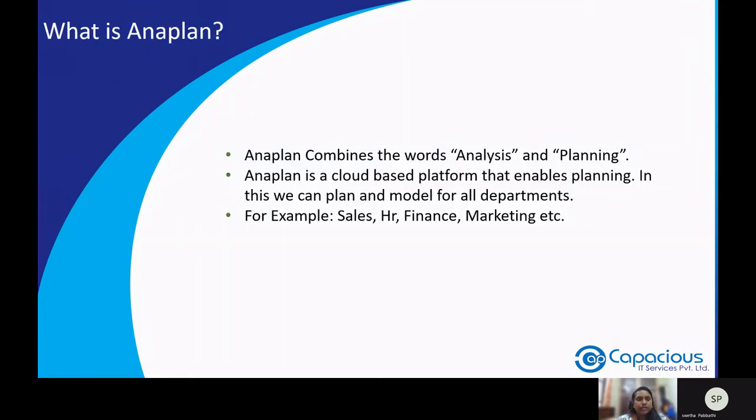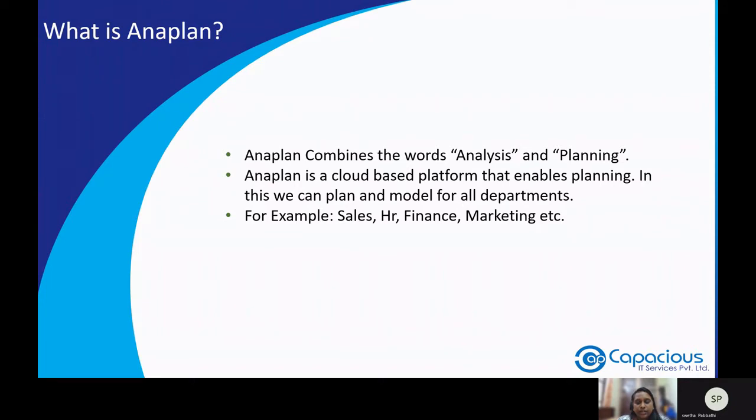Anaplan is a combination of two words: analysis and planning. Anaplan is mainly a cloud-based platform that enables planning. It is a platform for companies for finance, marketing, sales, or HR.